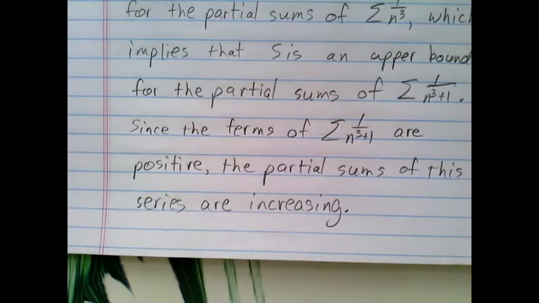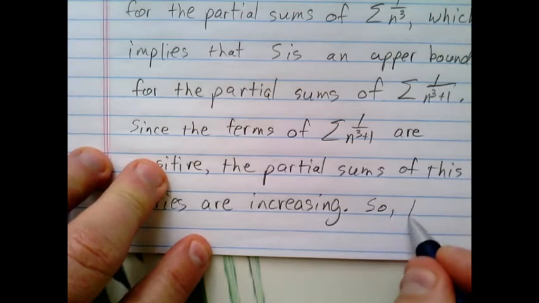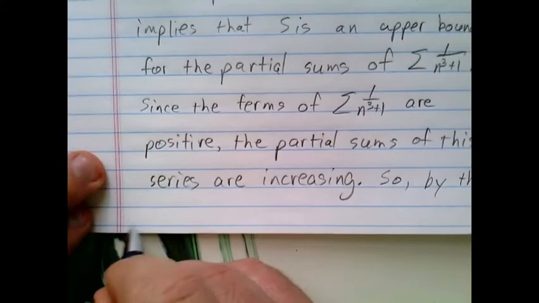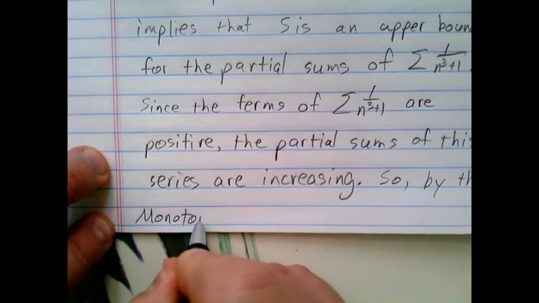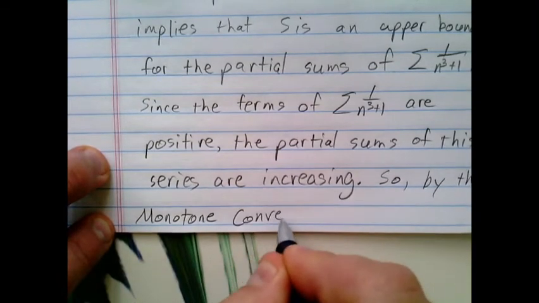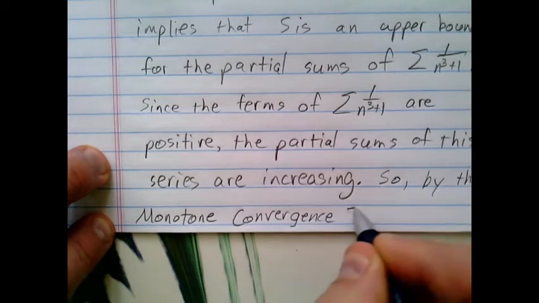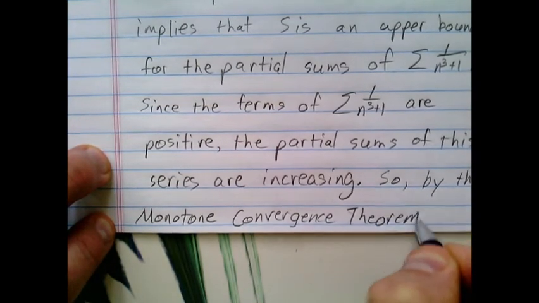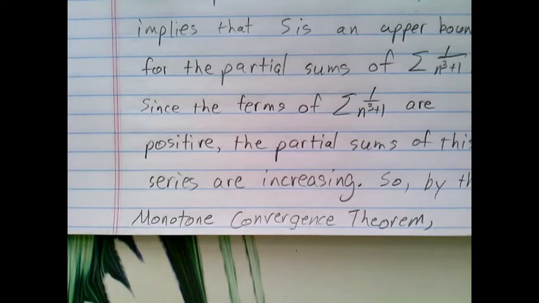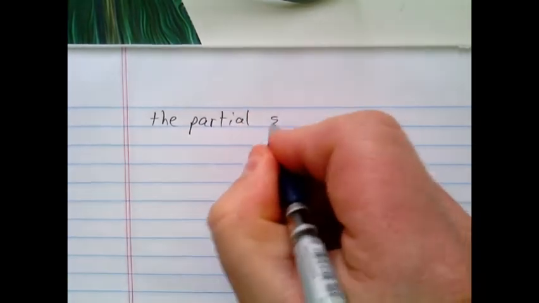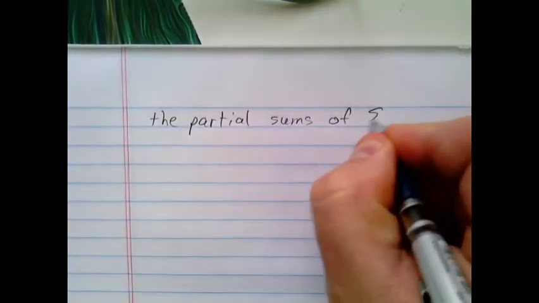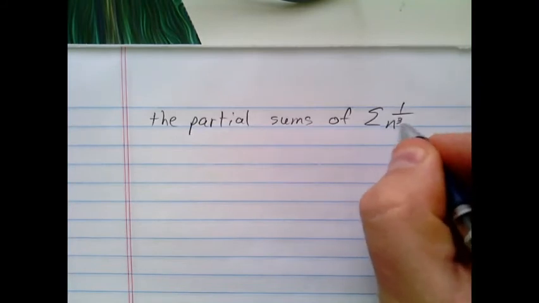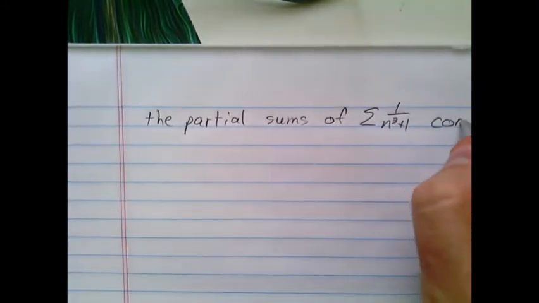So by the monotone convergence theorem, the partial sums of the series whose nth term is 1 over n cubed plus 1 converge.